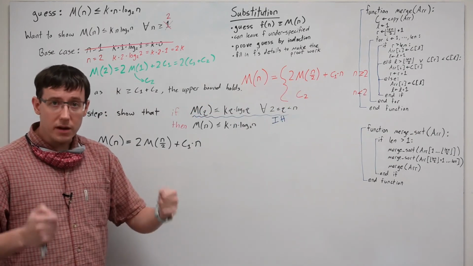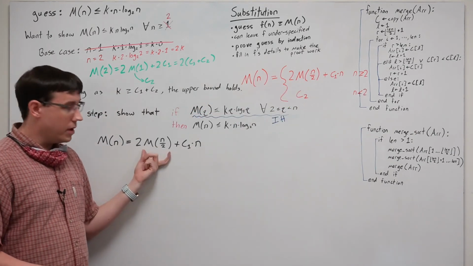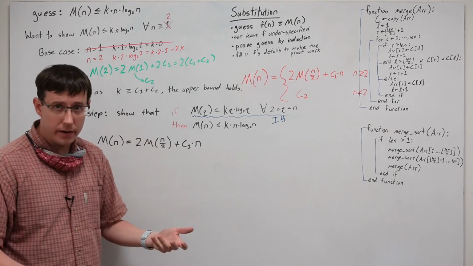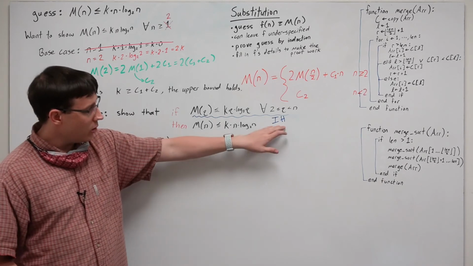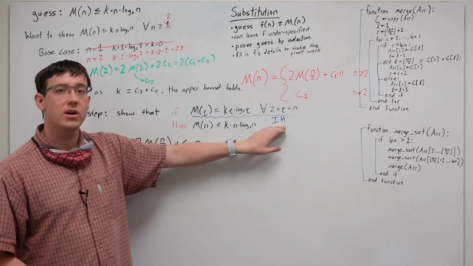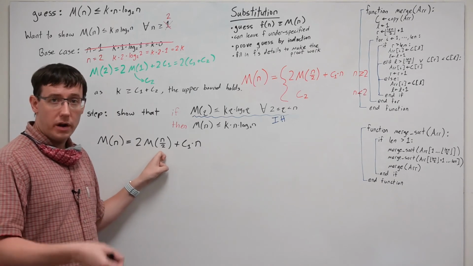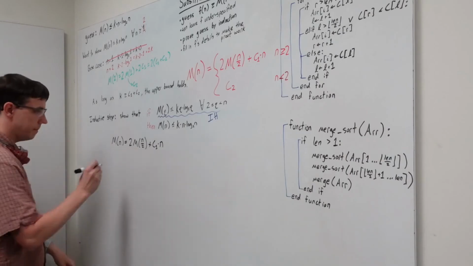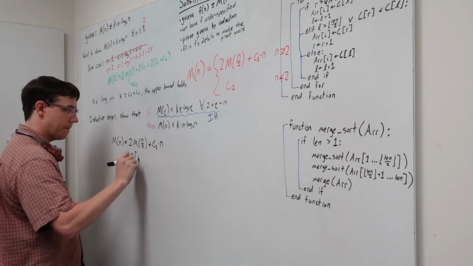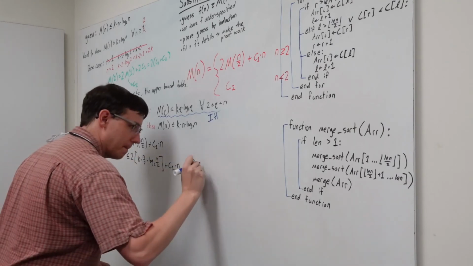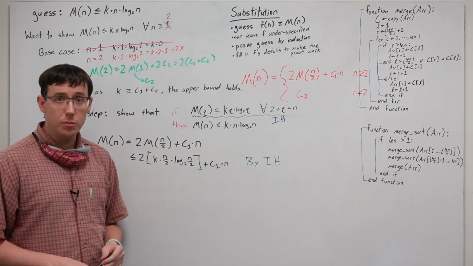And notice that because we have m evaluated on n over 2, which is less than n, we can use our inductive hypothesis to substitute an upper bound for the running time on n over 2. And now we proceed to simplify.